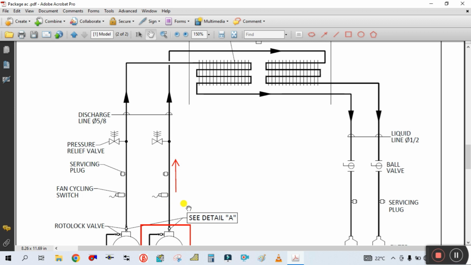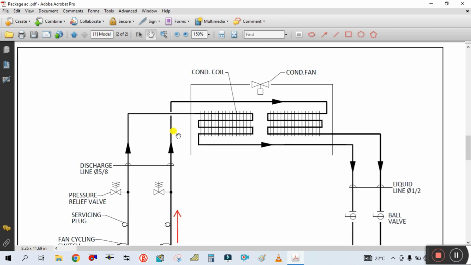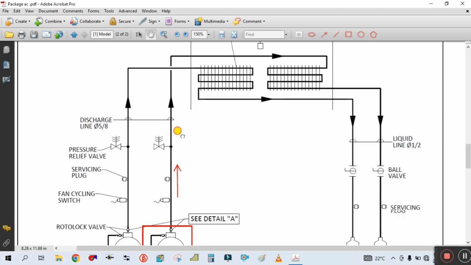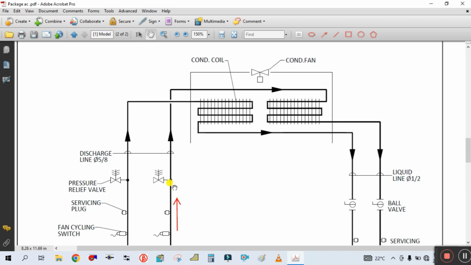High pressure and high temperature vapor refrigerant passes through this discharge line and goes into the condenser coil. So this is the condenser coil. It will enter here.